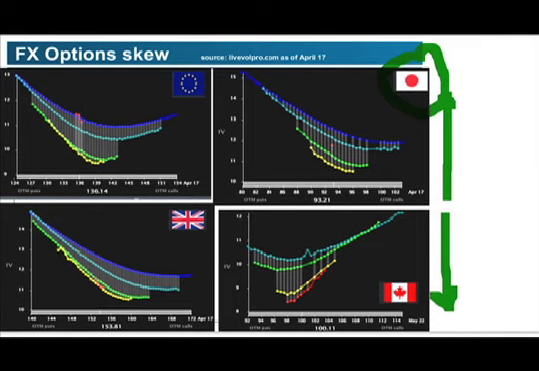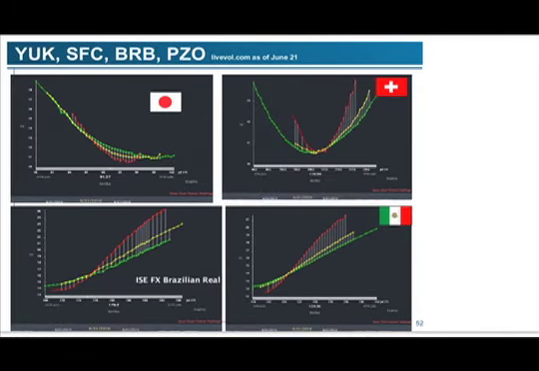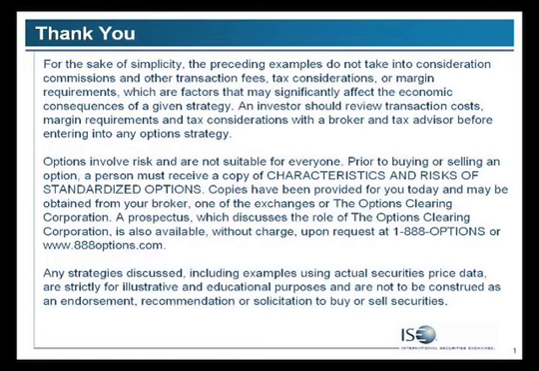They're going to want to hide in dollars here. This is dollar quote. This is dollar quote. This is dollar based, which means that the world's going to want to hide in dollars here also. But the safe haven currency, at least expressed by the options markets, as of April 17th or even today, you're going to see that the yen is really the currency that people want to hide in when there is a disaster happening.